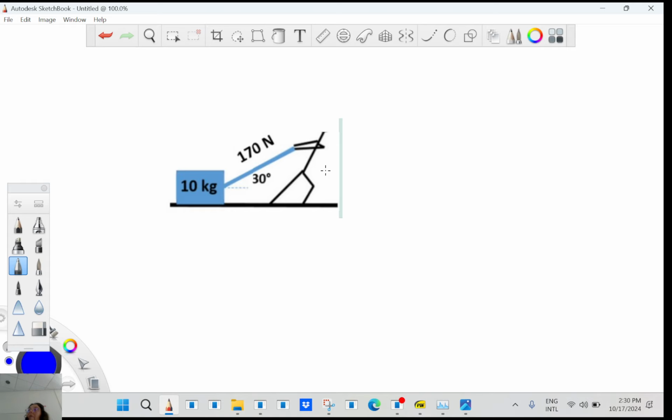And remember, all the forces come into components, and each component has a different job. So this is the x-axis here, and this is the y-axis.